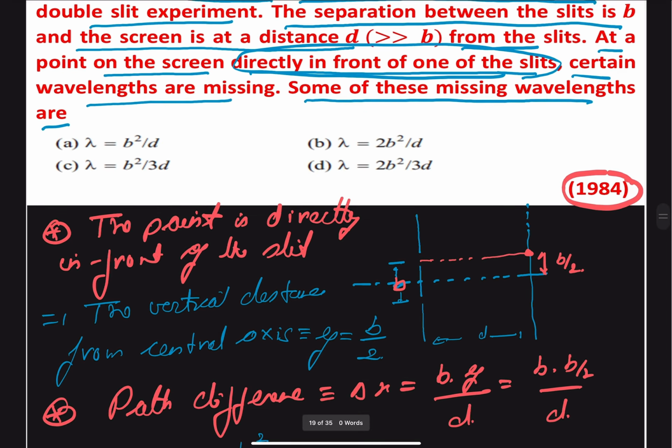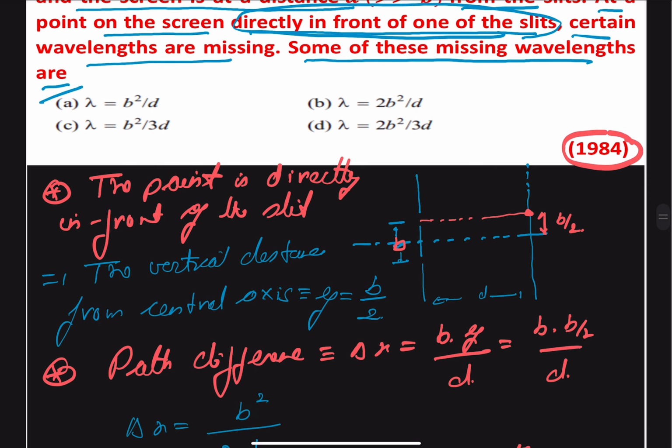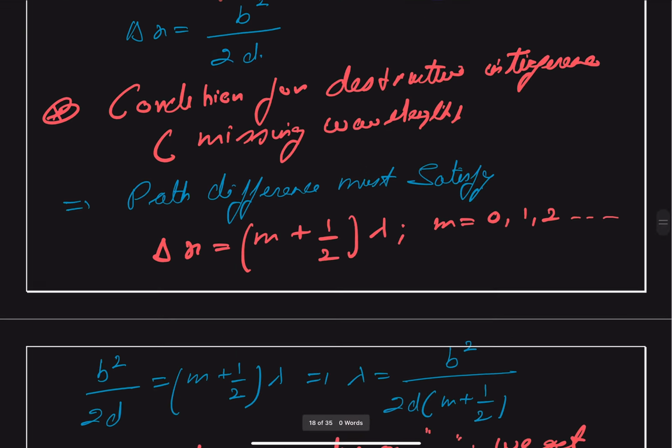So the correct options are b square by d and b square by 3d. Okay, so option number A and C are correct.